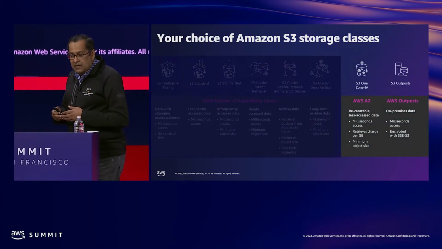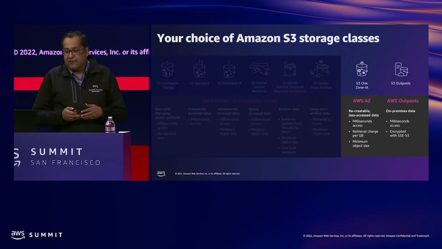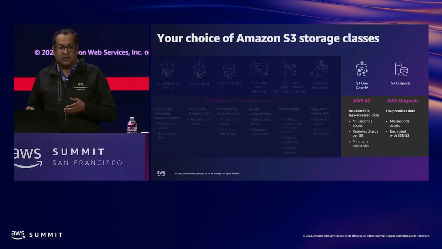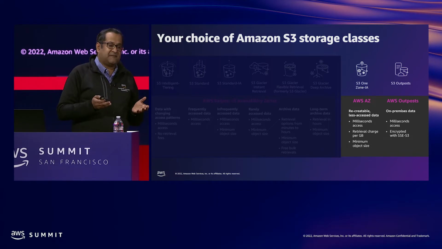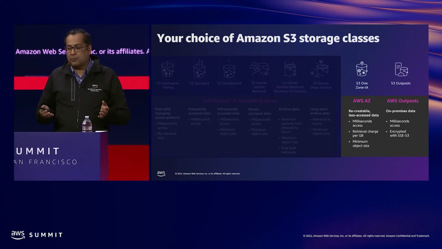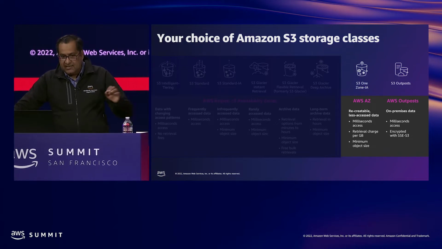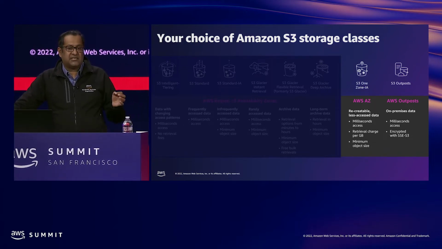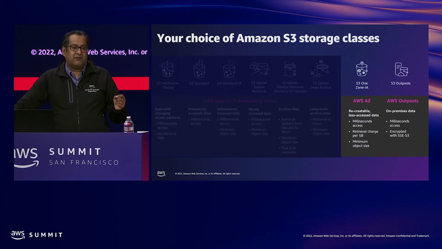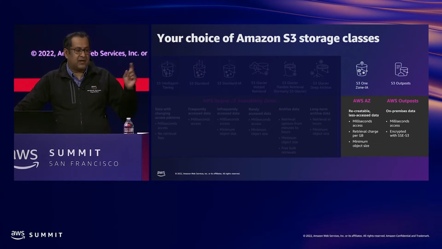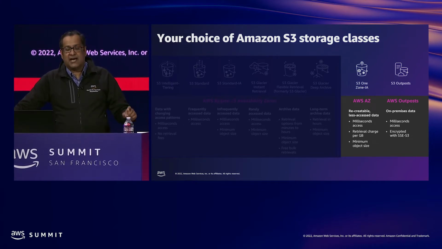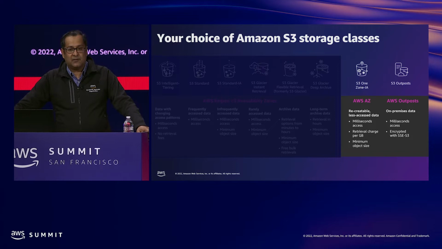Okay. We also have 2 additional storage classes for specialized workloads. The first one is what we call One Zone Infrequent Access. This storage class is ideal for data that is either a secondary copy or is easily recreatable. And the difference from the previous storage classes is that the data is stored in 1 availability zone.